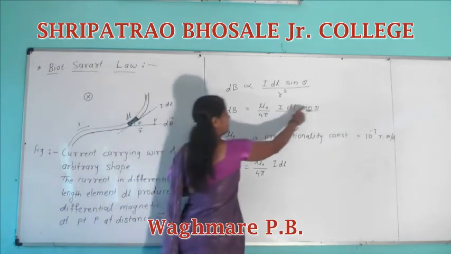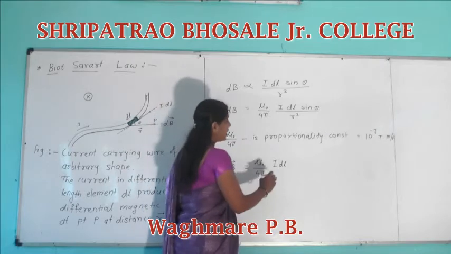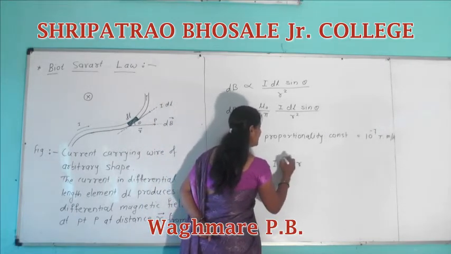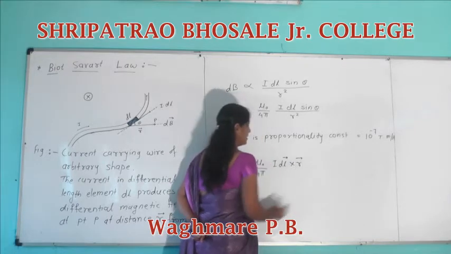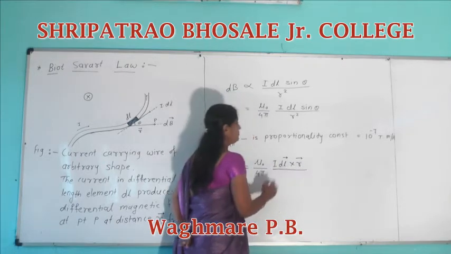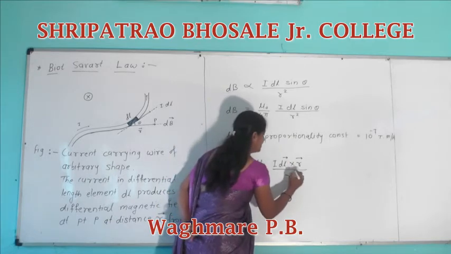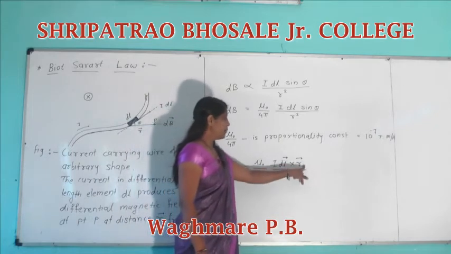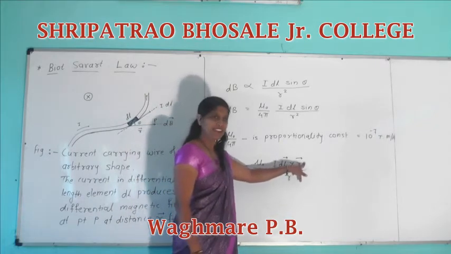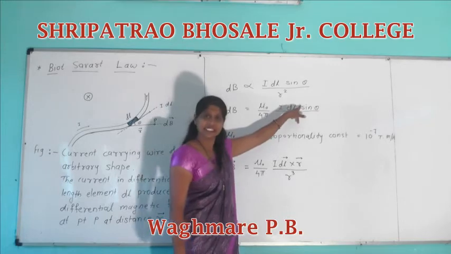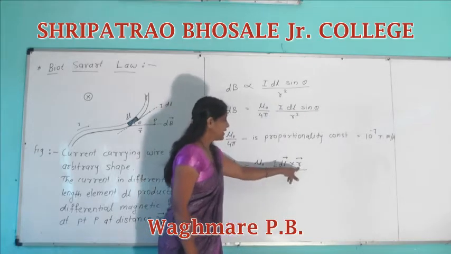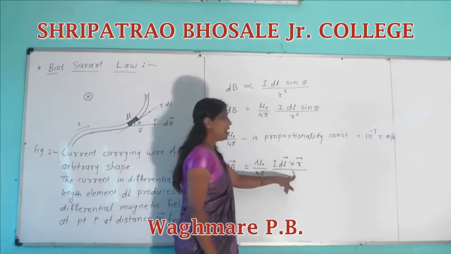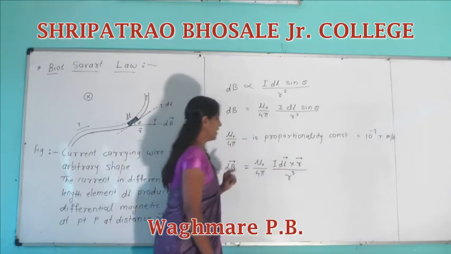Therefore, we can take r here as a vector, this vector dl cross r, and here we take r cube instead of r square, because we have taken one extra r which is not in the earlier equation.